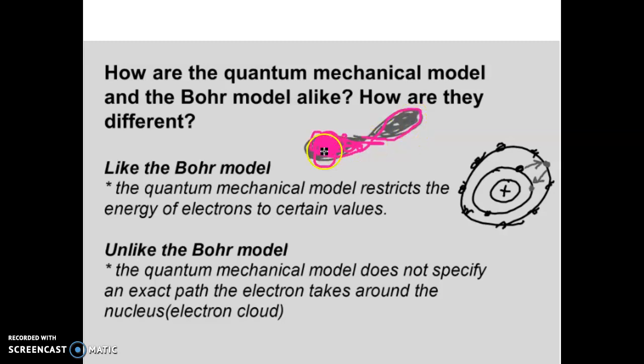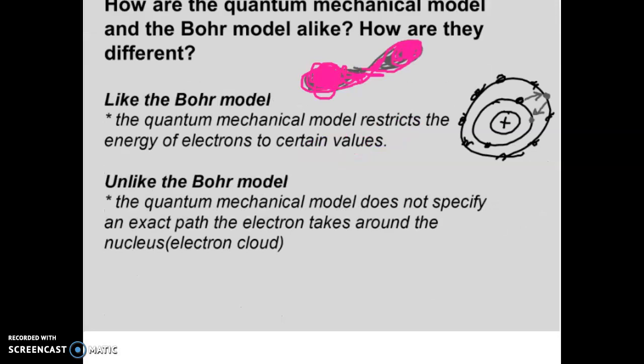Because the cloud is bigger right here, it's more likely to be found here than in this skinny spot. So it says there's not really an exact path. Electrons are not that predictable, as it turns out, so we think of it as more of an electron cloud. And that really recaps both the Bohr model and the quantum mechanical model.